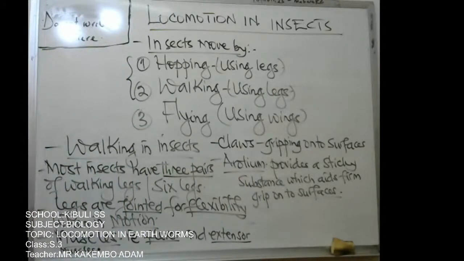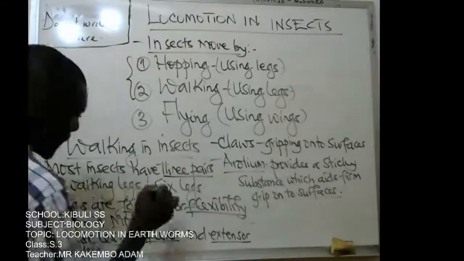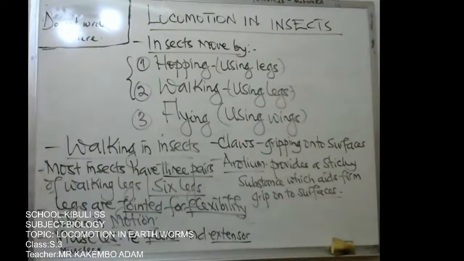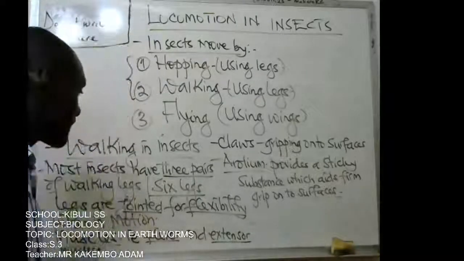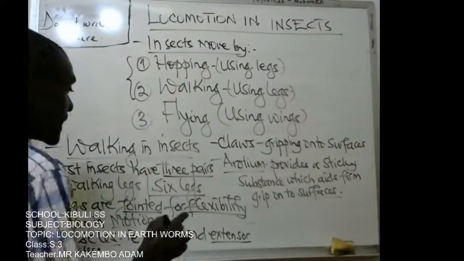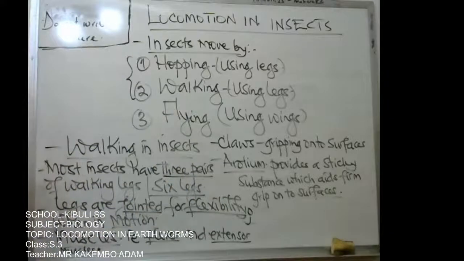Walking is achieved by the pairs of legs, depending on the type of insect. Like I've said, the majority have 3 pairs of walking legs, or 6 legs. The legs are jointed, which is an advantage because it makes the leg flexible.